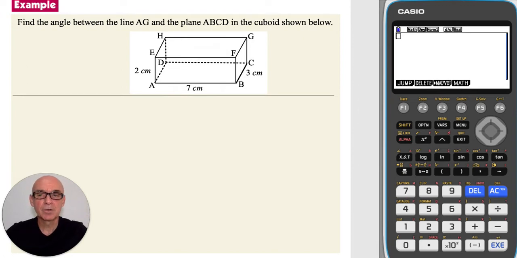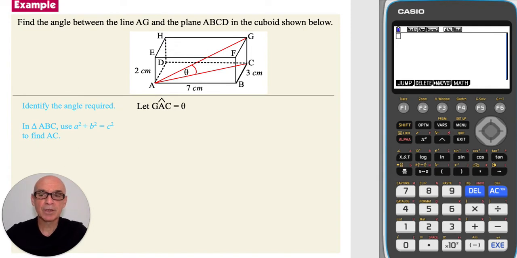In this question, we're asked to find the angle between the line AG and the plane ABCD in the cuboid shown. If we begin by identifying the angle required, letting the angle GAC equal theta.